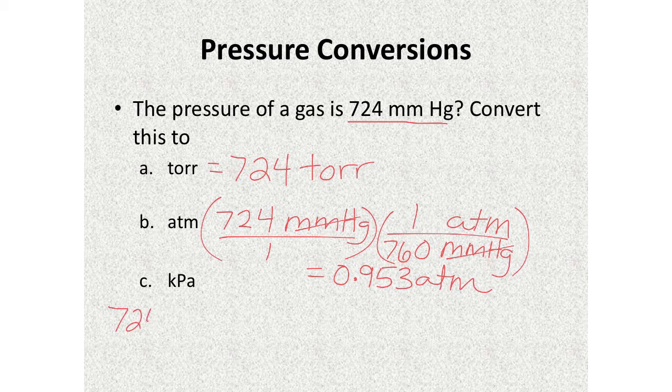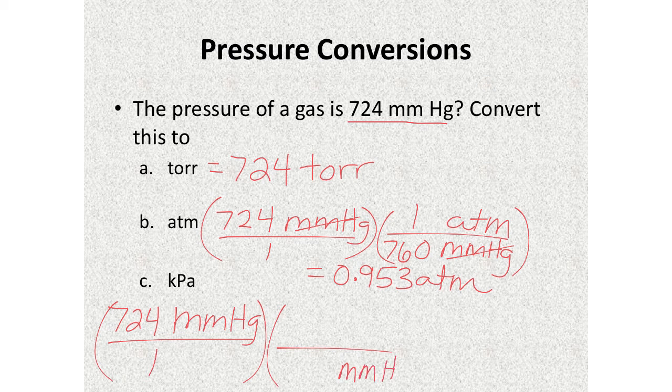And then last one into kilopascals. So again, take what you were given, the 724 millimeters of mercury, put that over 1, and we know that millimeters of mercury need to go in the denominator so that they will cancel. Kilopascals will go up on top. So we know that standard is 760 millimeters of mercury. Standard is also 101.3 or 325 kilopascals. So those would be equivalent. So I could do it with just one conversion factor.